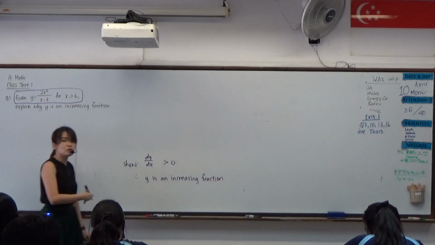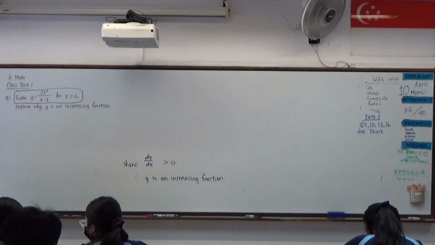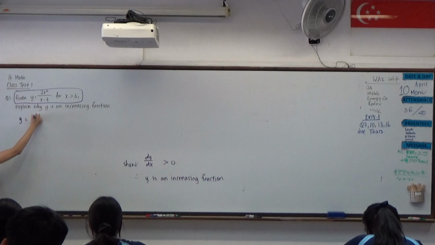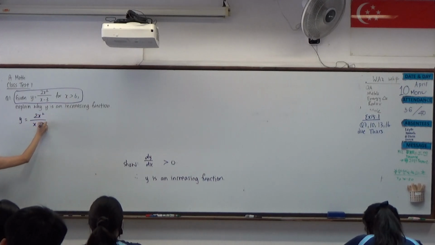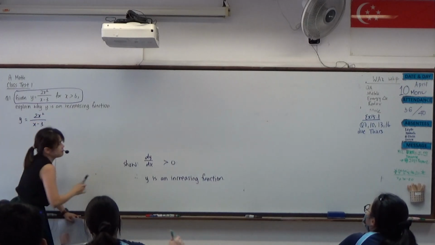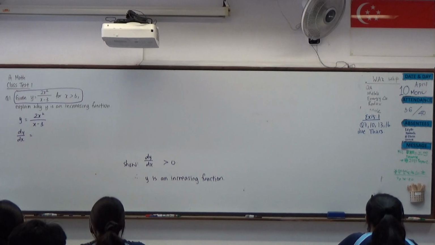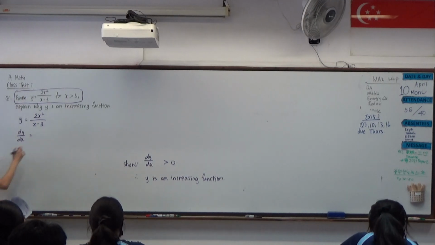So we need to know the destination that we're trying to head to. Then we plan out what we actually have. Given that y equals 2x squared over x minus 3, since I need our first derivative, I will do my differentiation. Some of you still don't quite remember your quotient rule very well, so that one I'll leave it to you to go and remember.